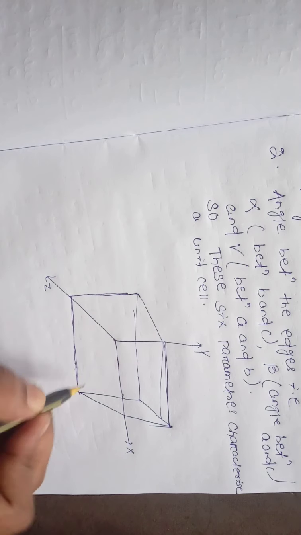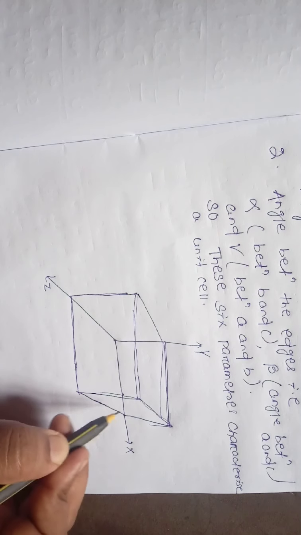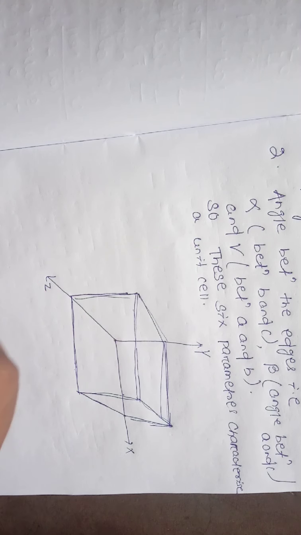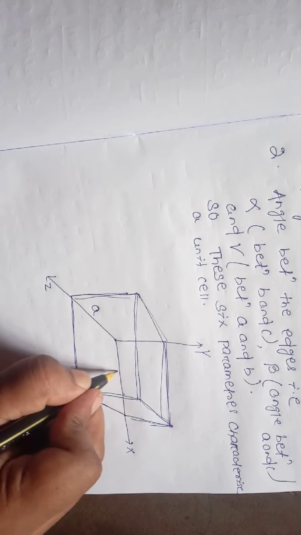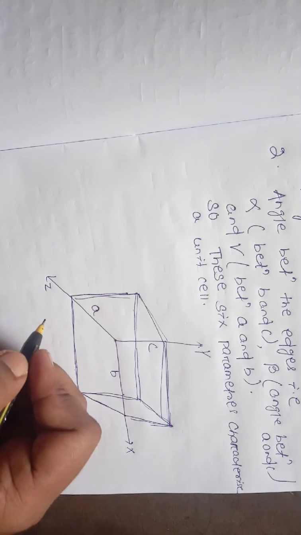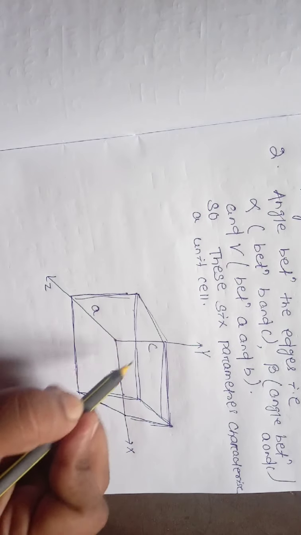This is called a unit cell. This is the edge A, this is B, and this is C. The angle between B and C is alpha, and the angle between A and C is beta.